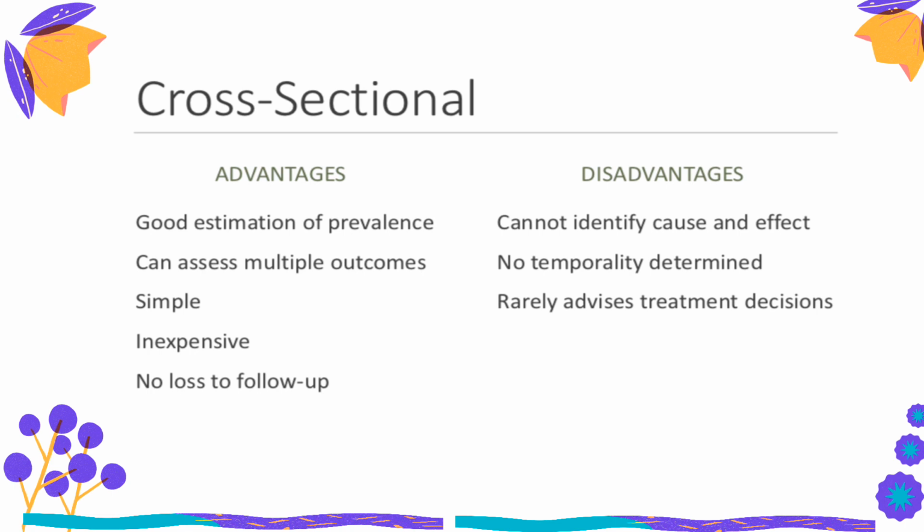The advantages of cross-sectional design: it has good estimation of prevalence, it can assess multiple outcomes, it is simple, inexpensive, and has no loss to follow-up. But the disadvantages are it cannot identify cause and effect, it has no temporality determined, and it rarely advises treatment decisions.